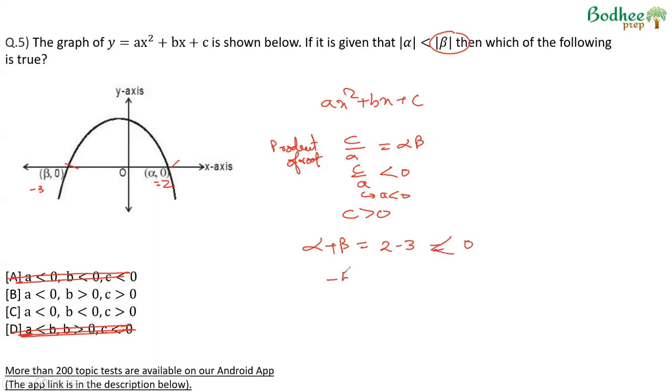So from here we can say minus b by a has to be less than 0, which means b by a has to be greater than 0, multiplying by minus 1 on both sides and converting the sign. We know that a is negative. If b by a is positive and a is negative, that means b also has to be negative, only then will b by a be positive. And therefore b is also less than 0.